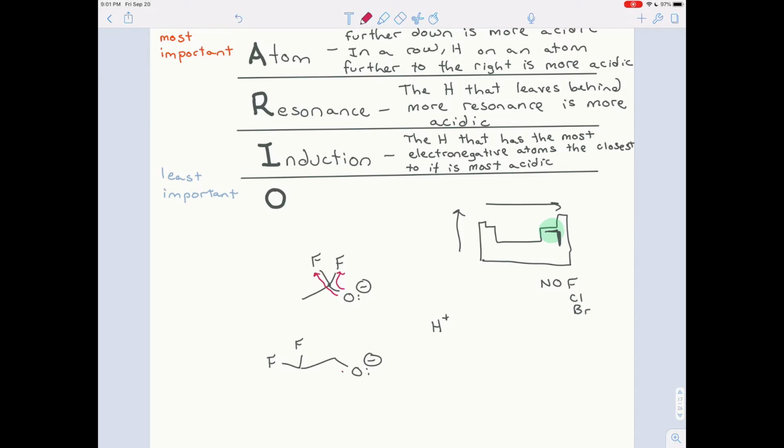So it's very faint, and it doesn't have as big of an effect as when the electronegative atoms are closer. This would be more acidic, the hydrogen on that, and the hydrogen on something like this would be less acidic because the fluorines are further away, so the negative charge doesn't feel them as much.